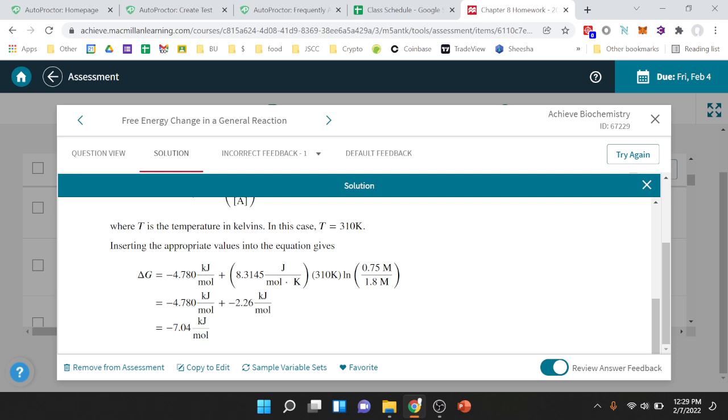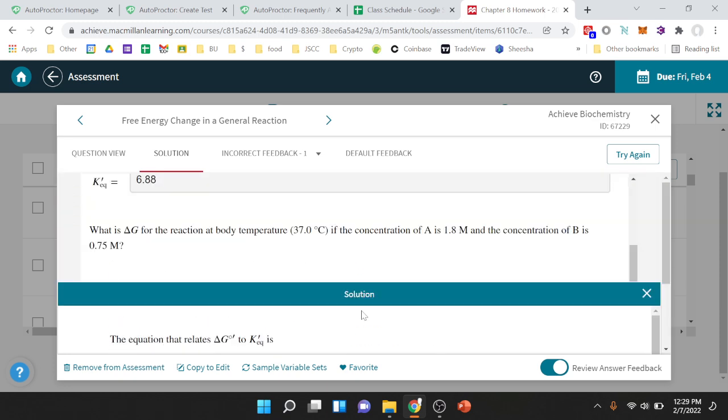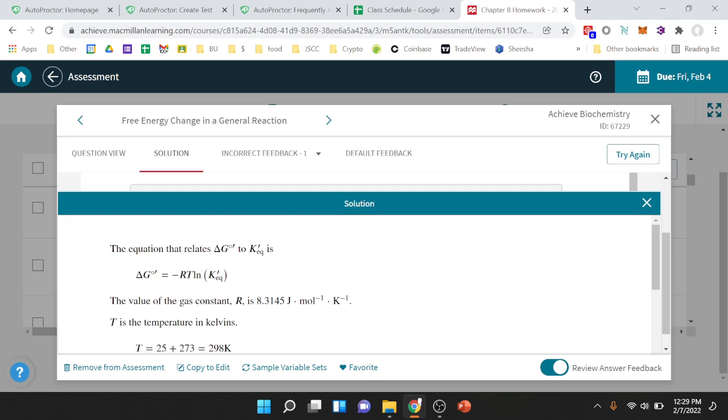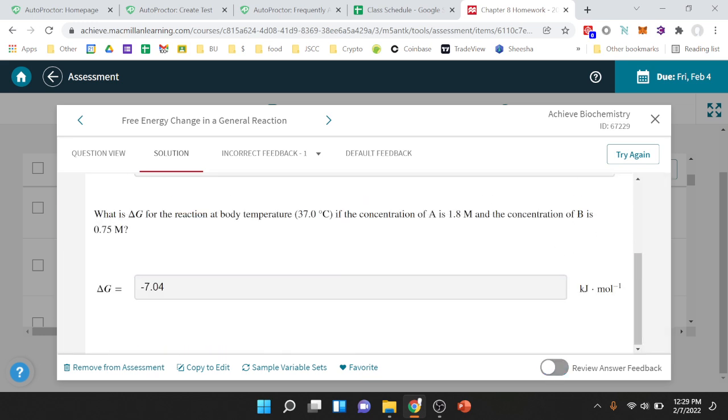We don't do anything with it. We add those numbers together, which gives you a negative number, and our delta G ends up being negative 7.04, right? Kilojoules per mole. That's the units. There we go. They're over here. That's why we chose kilojoules, by the way.